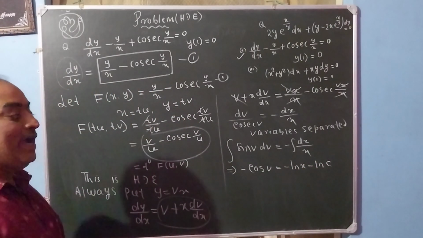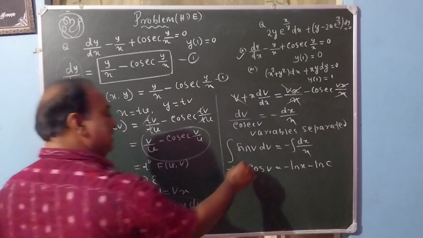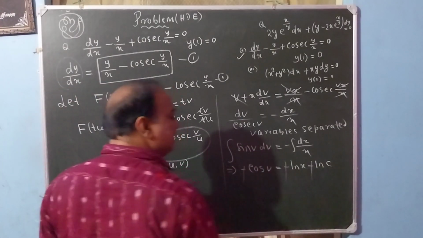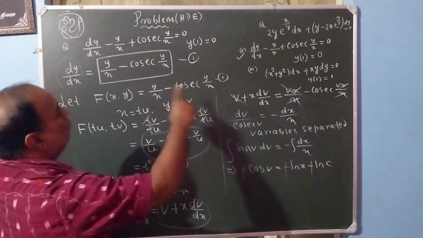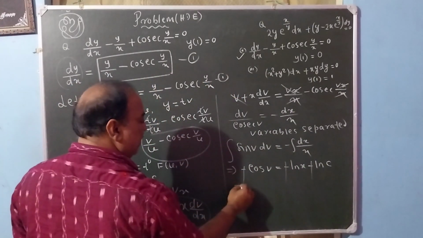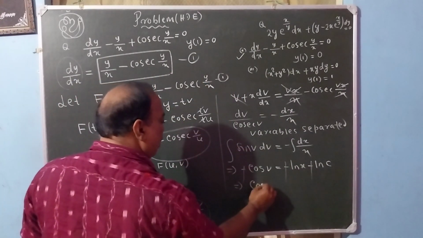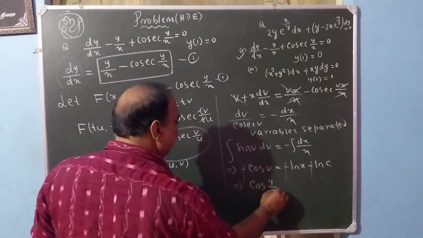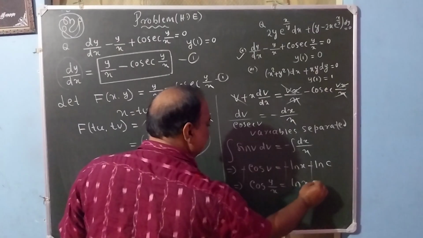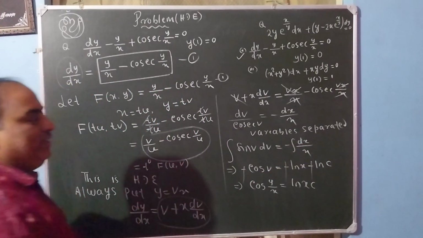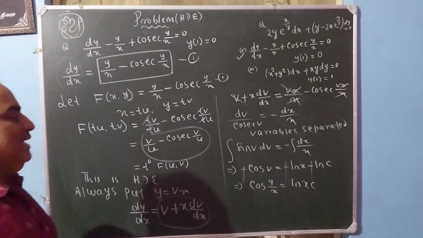The constant I am taking as minus ln c because this minus cancels. So now in place of v we put y by x. So we get cos y by x is equal to ln x c, ln a plus ln b, that is ln ab.